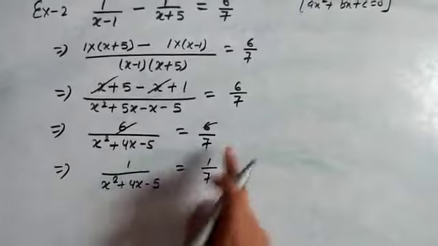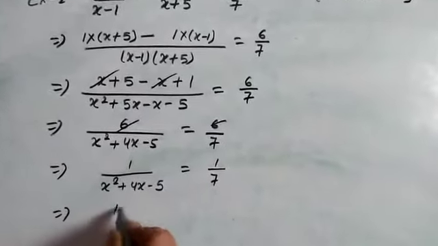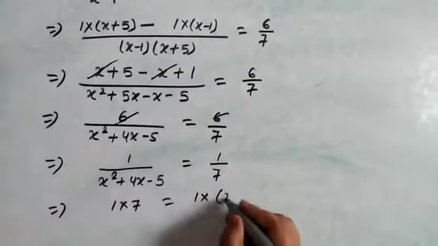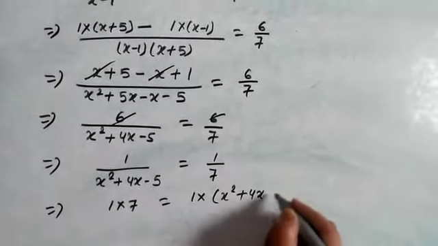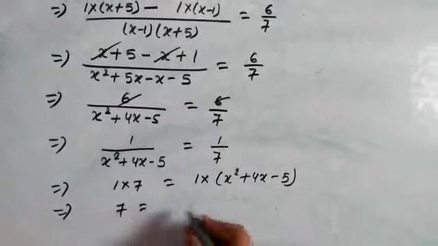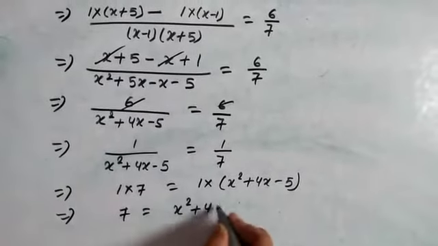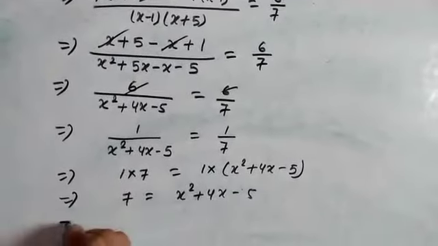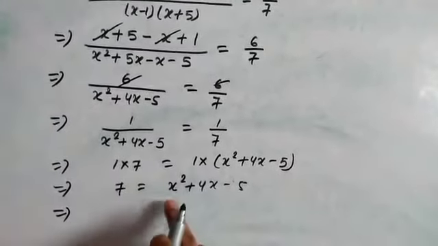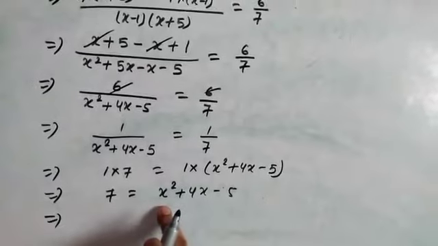Now we will do the cross multiplication. So 1 into 7 equals to 1 into this whole x square plus 4x minus 5. Now 7 equals to x square plus 4x minus 5. Now we will take 7 to that side. We will try to keep x square always in the positive form.